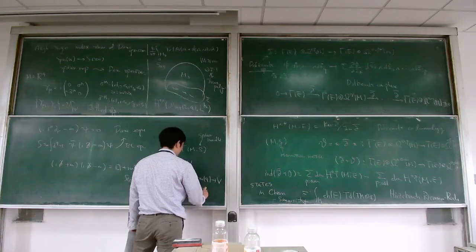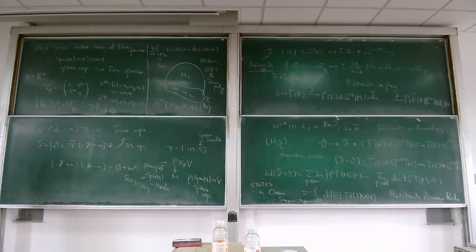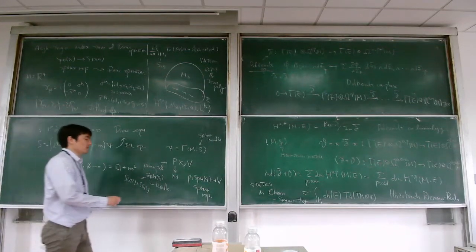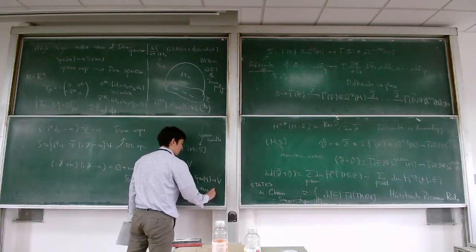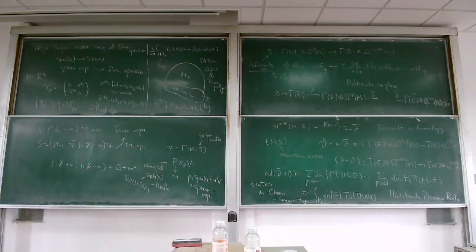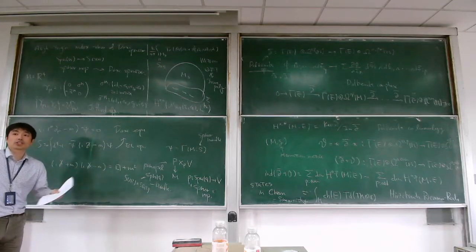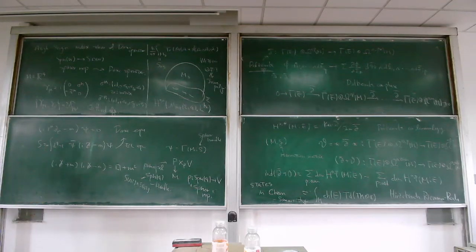I'm not going to explain the representation using the Clifford algebra. I briefly explained in the string theory course what the spinor representation is. If you are interested, you can take that course. But this Dirac field can be understood as a section of this spinor bundle.